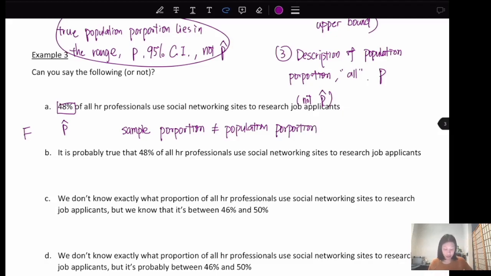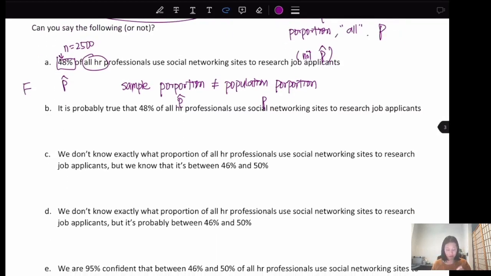Another way you can see that is they tell you that 48% of all the professionals, which means they want that 48% to become the population proportion. But this is wrong because that 48% comes from a survey with a sample size of 2,500. So remember that we can't just use the concept wrong. The sample proportion is not equal to the population proportion. Sample proportion is p hat, population proportion is p.